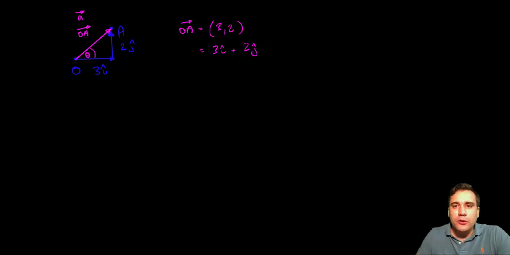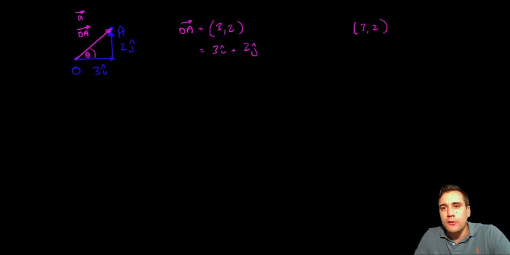So if you've just got the vector given to you and it says vector A is equal to (3, 2), or someone just says vector (3, 2), what that means is that there's some origin, and you need to know where that is.